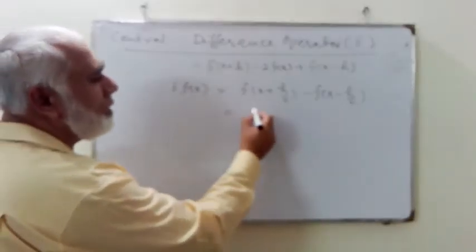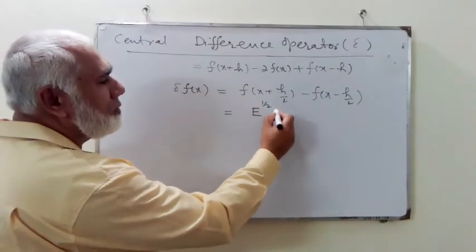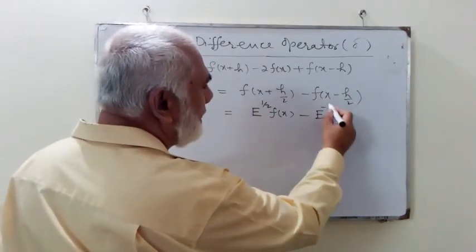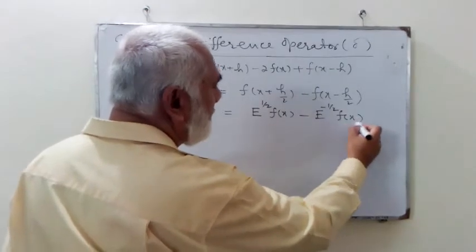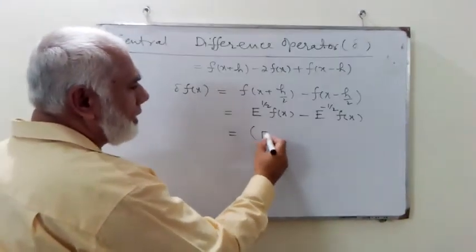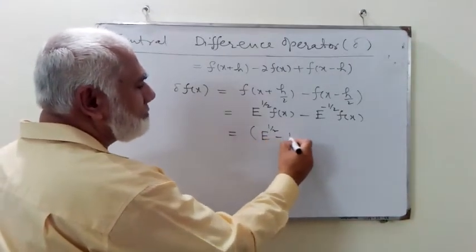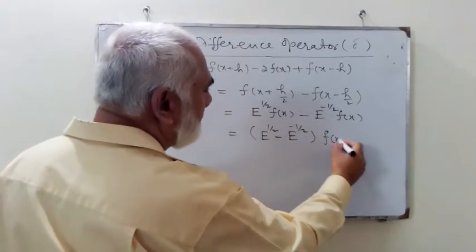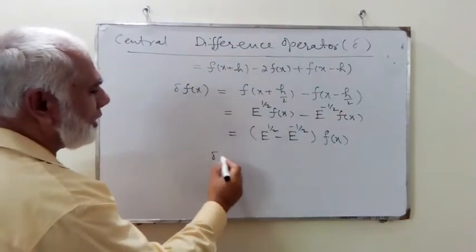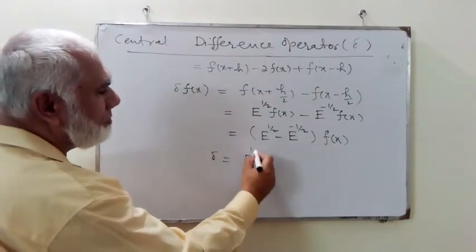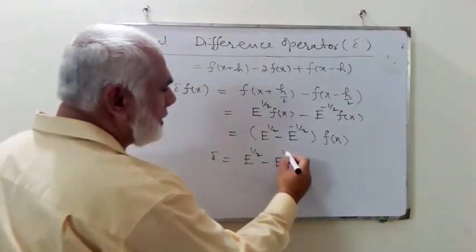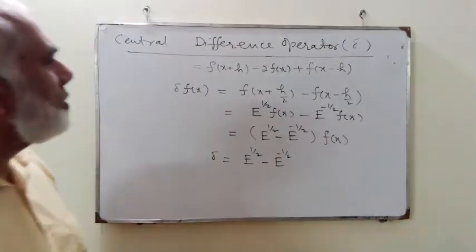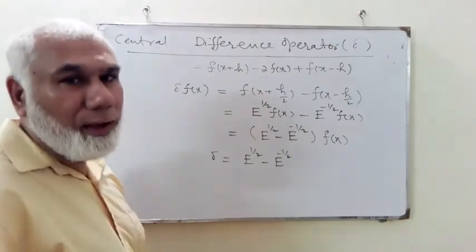So here we can write the shift operator E^(1/2) f(x), and due to this we write minus E^(−1/2) f(x). If we take f(x) outside, inside it gives you the result like this, and dropping f(x) on both sides gives you a relation between the shift operator and the central difference operator. So this is your operator number 5.